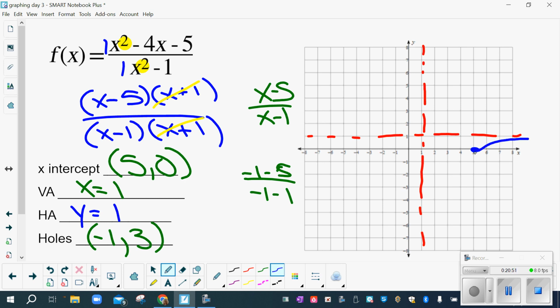The zombies are down here. And then finally, I got a hole at -1, 3. That means the zombies are upstairs because they're having to be careful of that hole. There's no reason to tell them to be careful unless they're there. And that is the graph of that crazy thing.